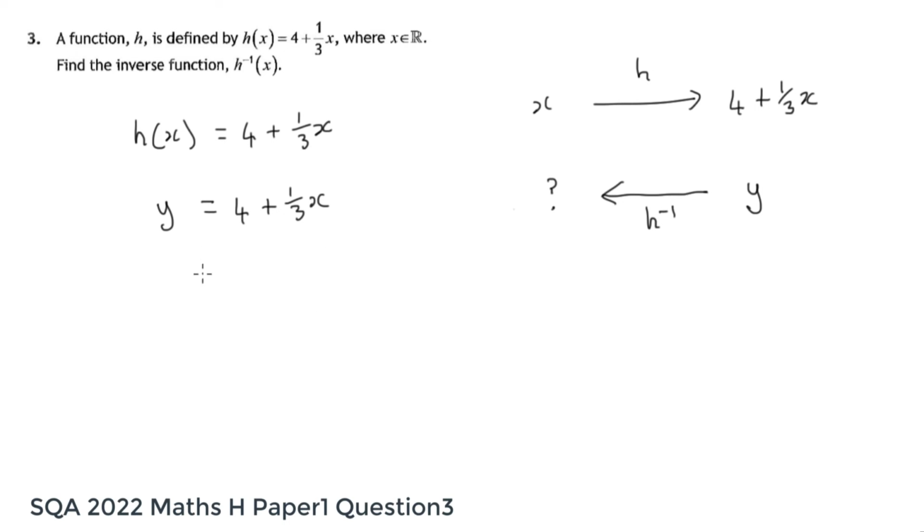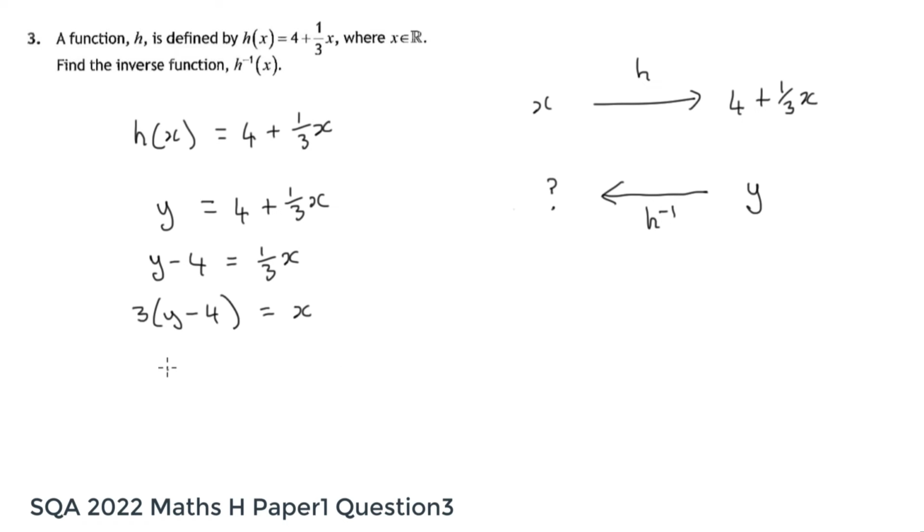So let's try and do that. First of all, I'm going to take 4 from both sides. And then since it's x I want to get on its own, I want to get rid of this divide by 3. So I'll multiply both sides by 3. So this right-hand side gets multiplied by 3, and we get 1x. 3 lots of a third is 1x on the right.